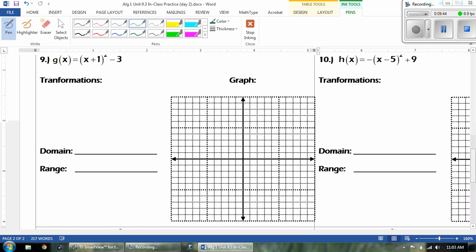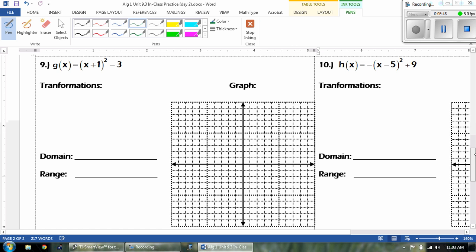All right, so let's take a look at our function. g of x equals (x plus 1) quantity squared minus 3. The first thing that we always need is our vertex. So what's our vertex?